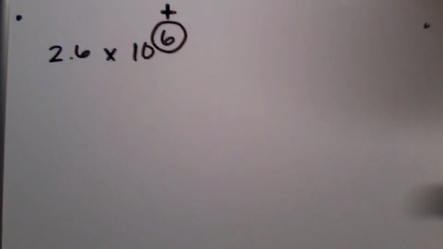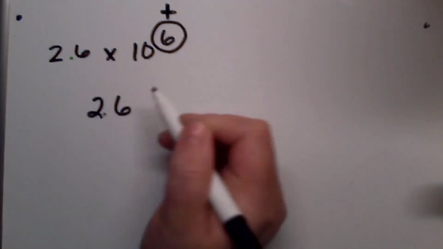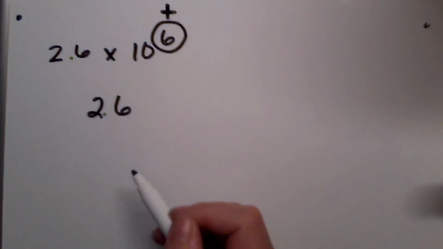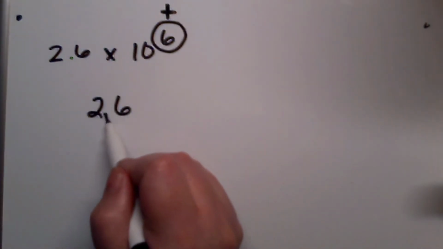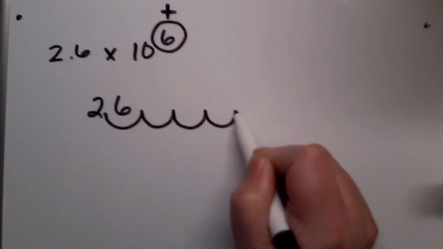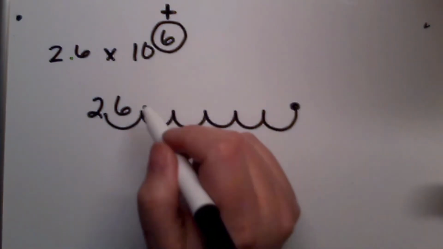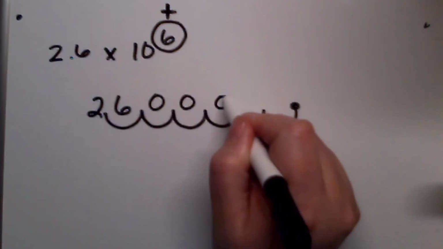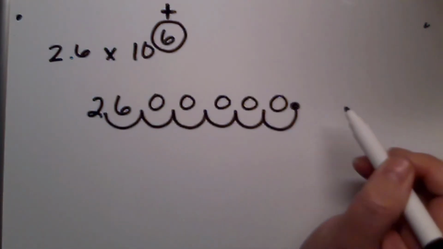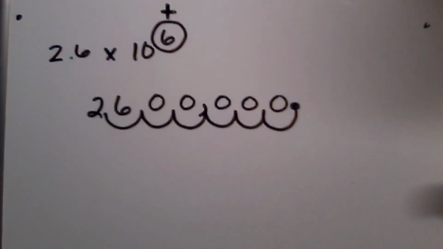So to expand our numbers out in the powers of 10, we're going to take our 2.6 and we're going to just move it over 6 decimal places. So we're going to go 1, 2, 3, 4, 5, and 6. Now here, we can fill in our zeros and we will get 2,600,000.